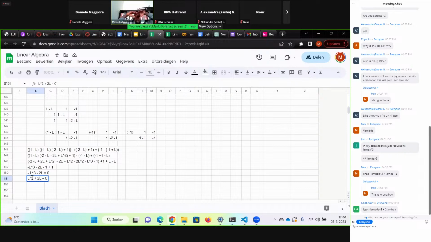And if I use brackets to factorize it, what you have ultimately is lambda bracket lambda squared plus 2, plus 2 lambda.